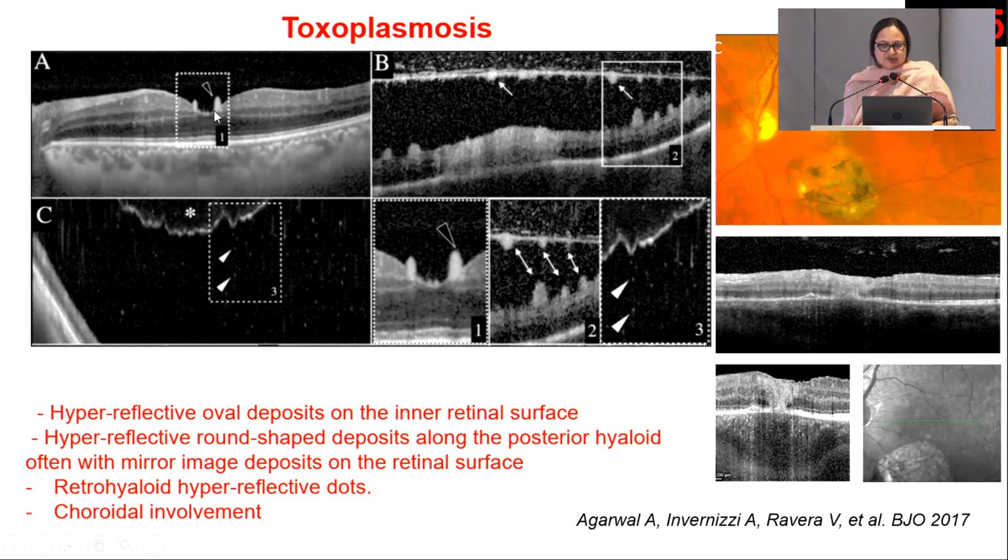You will have oval deposits on the surface of the retina, or round deposits on the posterior hyaloid, and you may see mirror imaging, as if the deposits on the hyaloid are getting reflected. And you may have retrohyaloid hyperreflective dots. If you see any one of these, think of toxo as a possible etiology and then look at the choroid.